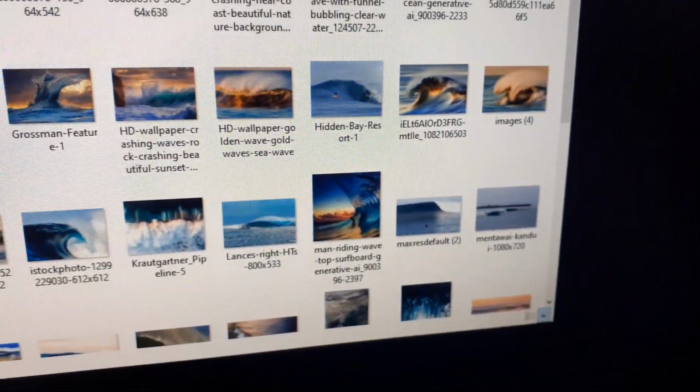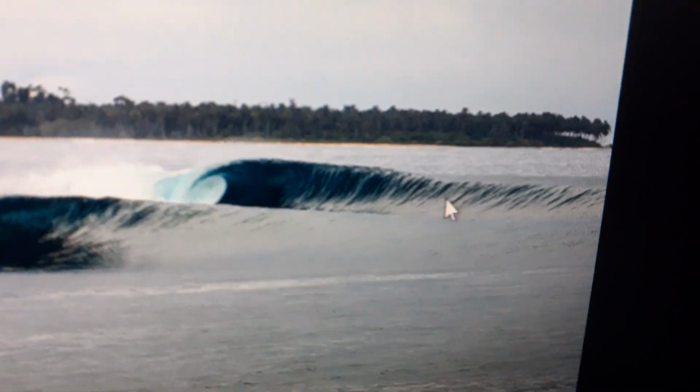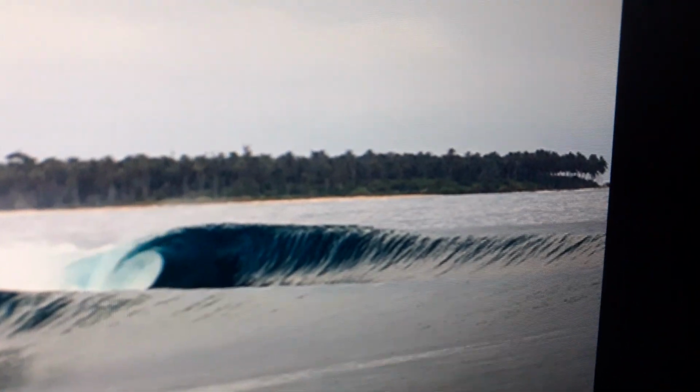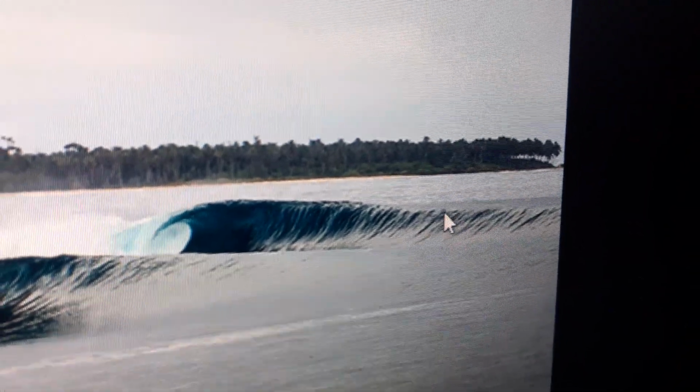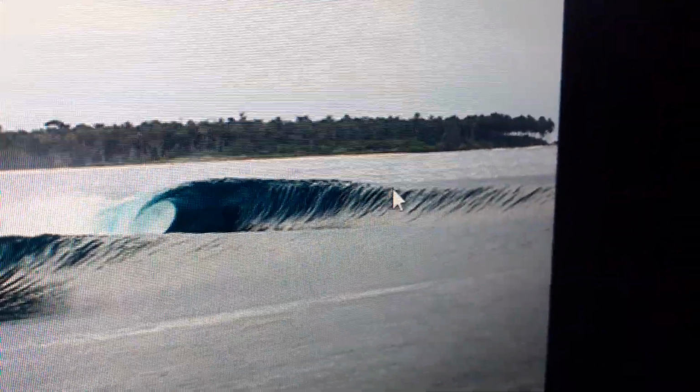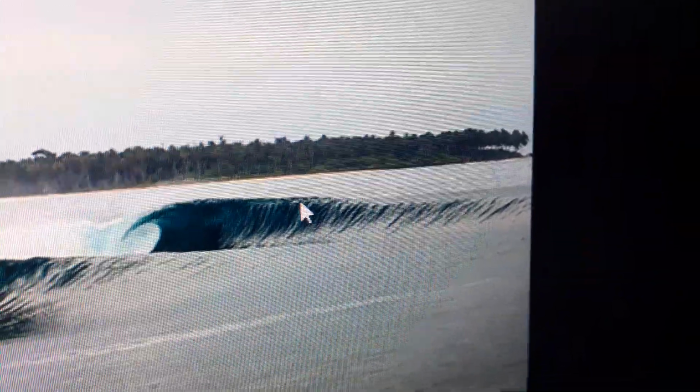So go back to there. You see all like that? Arch it back, it's behind it, and then it's elongated.